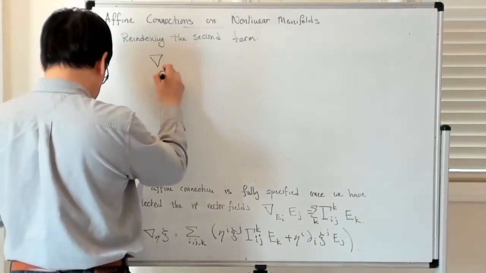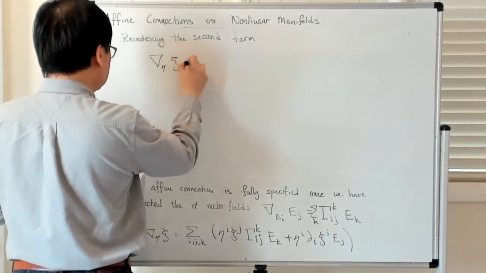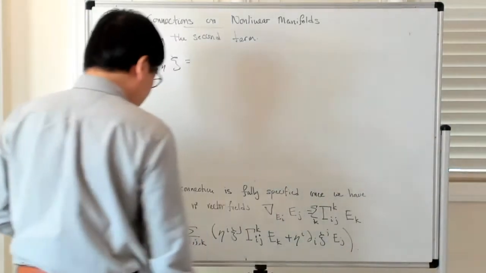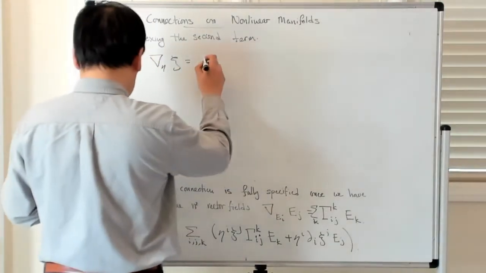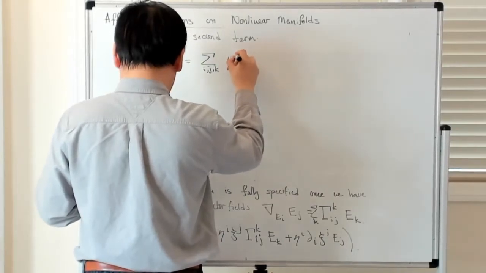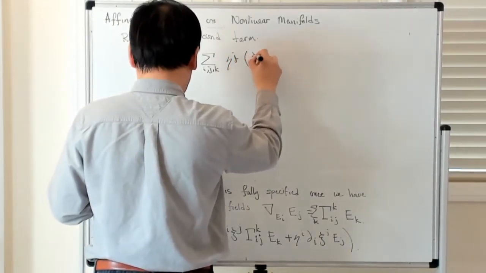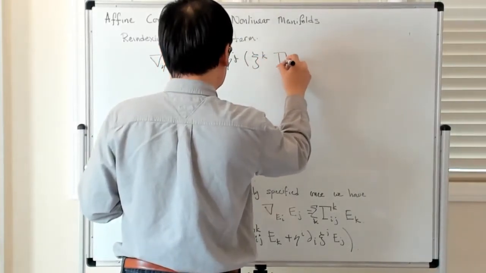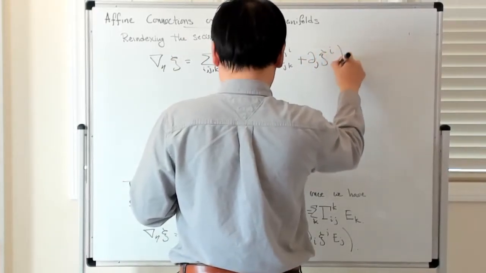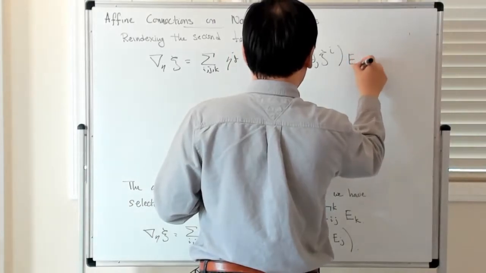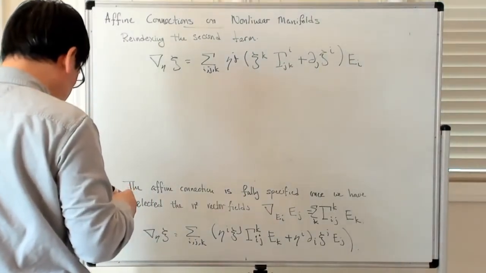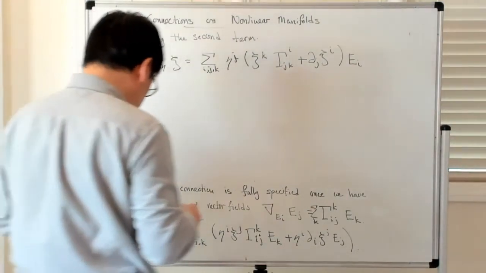So I can write this as follows. And actually I want that index to be i, okay. So this is going to be the sum over i, j, and k.